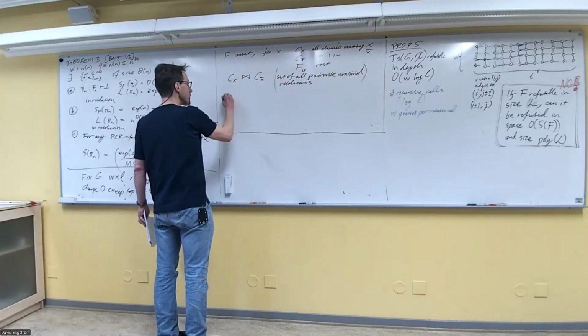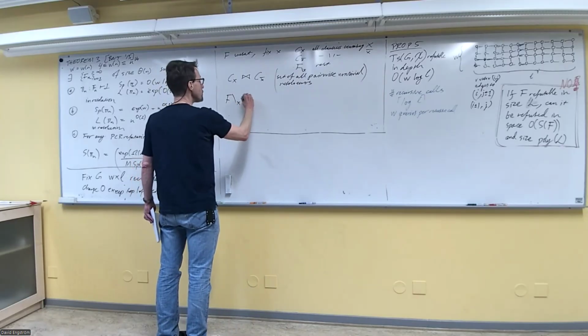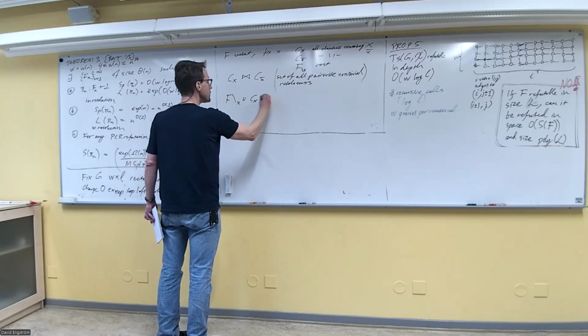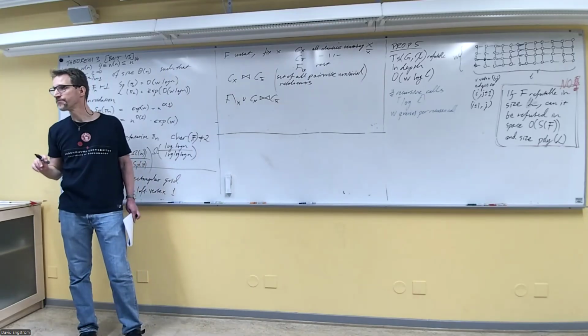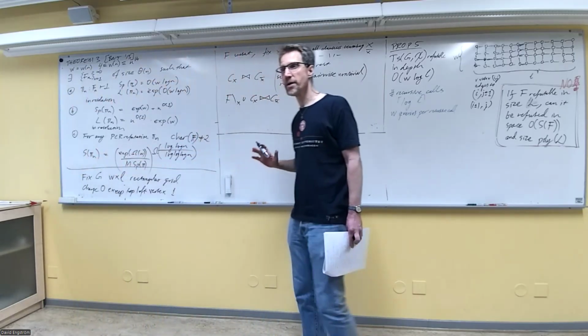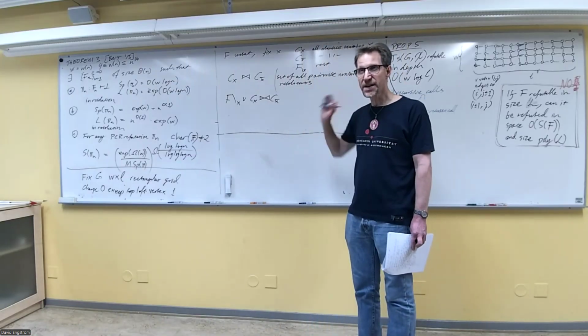Then I claim that F minus x union Cx bow tie C not x is also unsatisfiable. This gives rise to something called variable elimination, or in proof complexity, Davis-Putnam resolution.